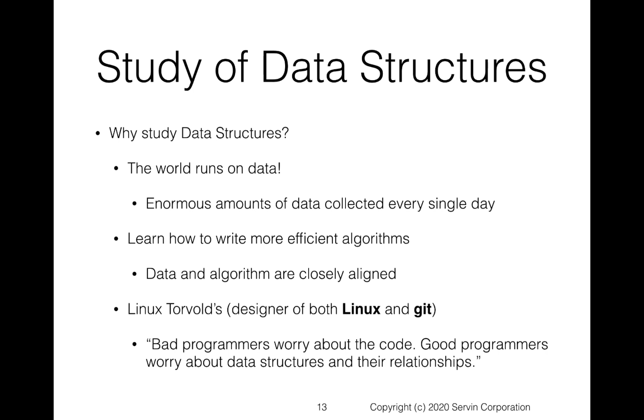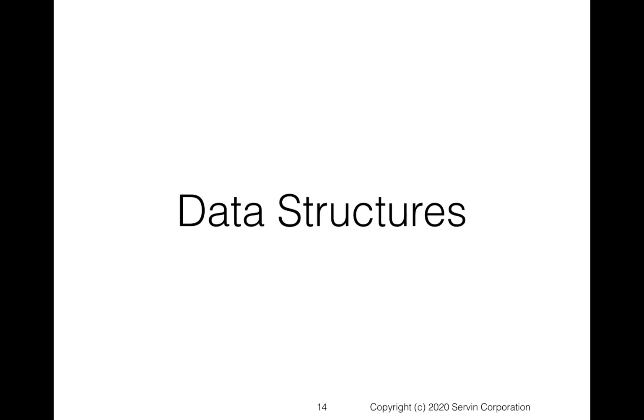But a good quote from him is, bad programmers worry about the code. Good programmers worry about the data structures and their relationships. And that's a super important point. You're going to still have your code, but you want to know about those data structures and their relationships and how your code should manipulate the data and the relationship.